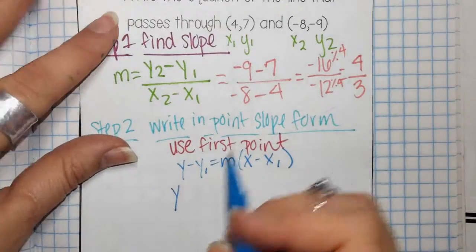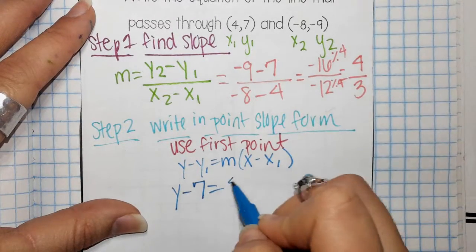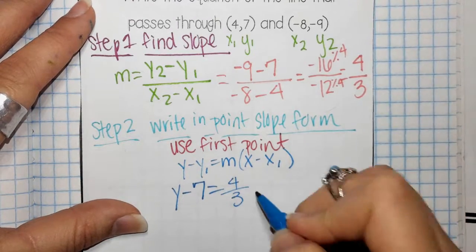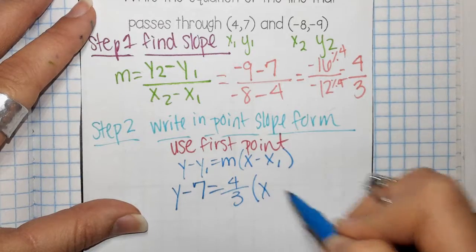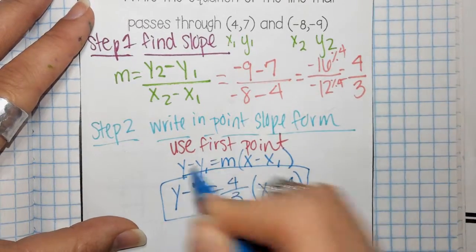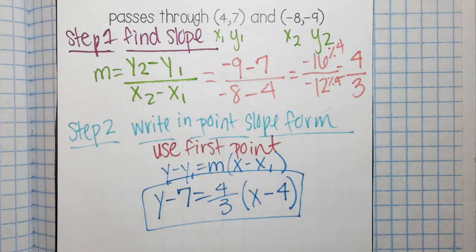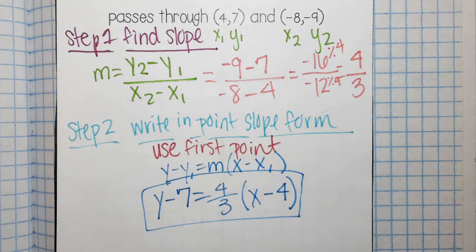What's our y1, guys? Equals, what's our slope? 4/3. And what's our x1? 4. And we're done. That's it. So we don't have to find b this time, do we? And we don't have to distribute, do we? Not yet, at least.